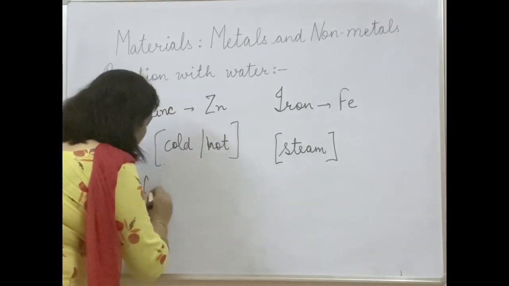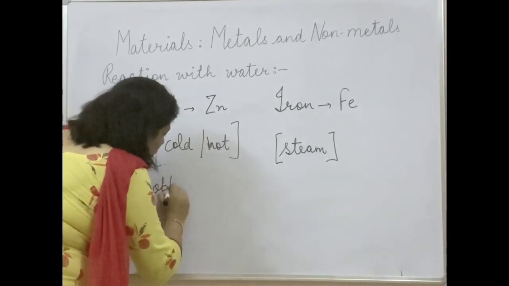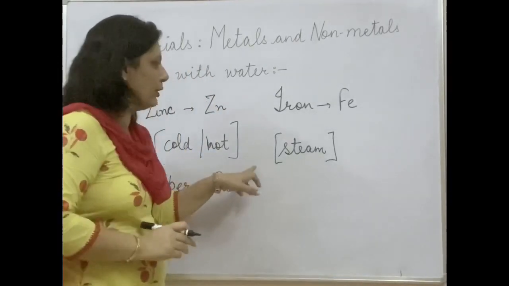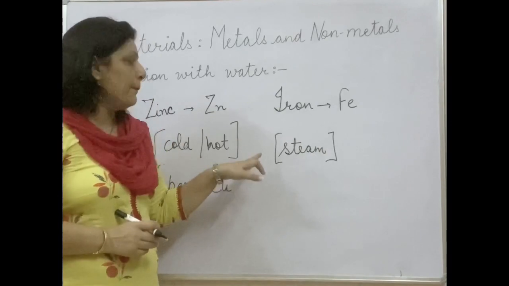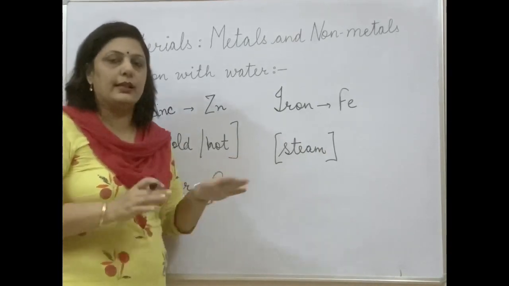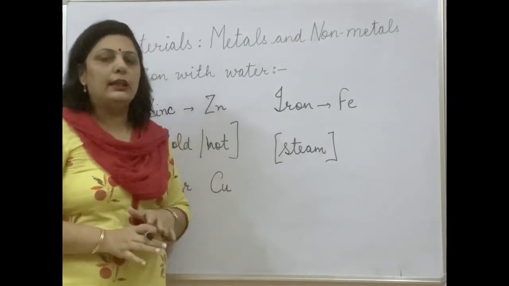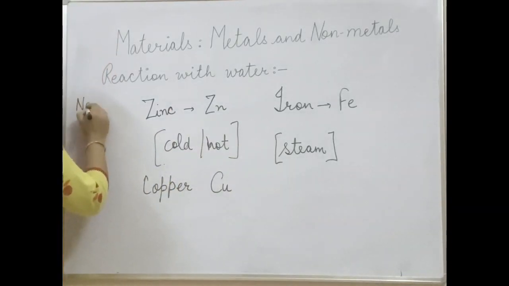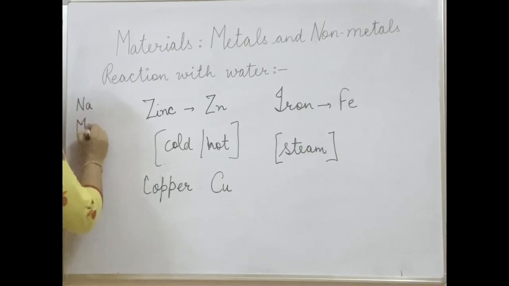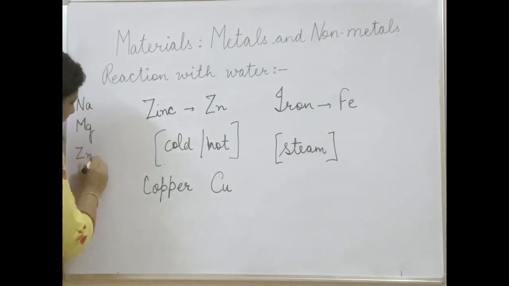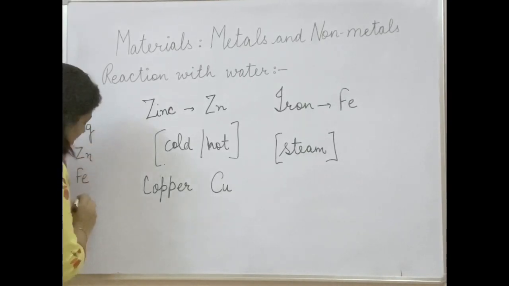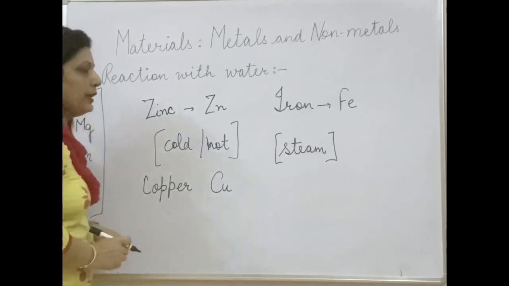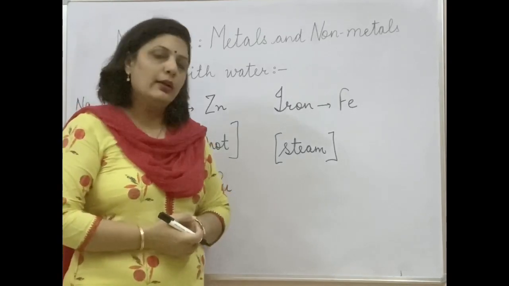Another example is copper. Again, copper will show no reaction with hot and cold water, not even if you are boiling the water. So these are the 5 examples I have told you: first sodium, then magnesium, then zinc, then iron, and then copper, and how these metals behave when they are allowed to react with water.